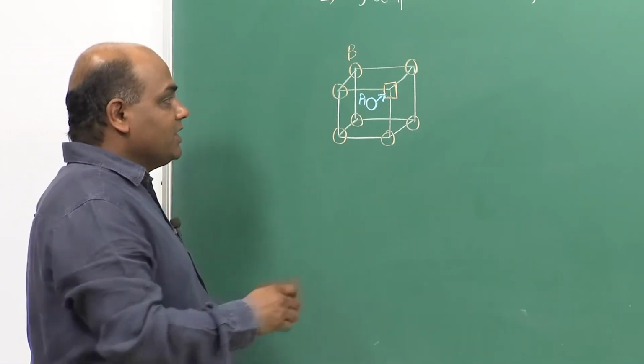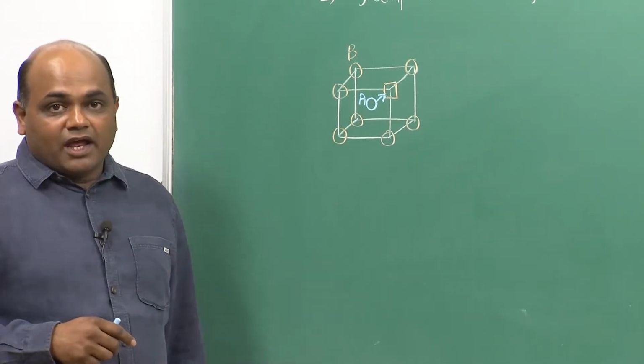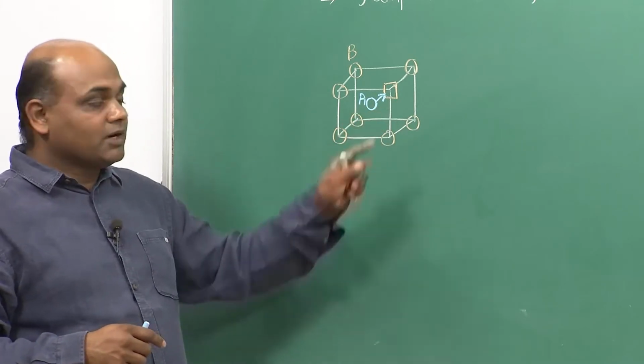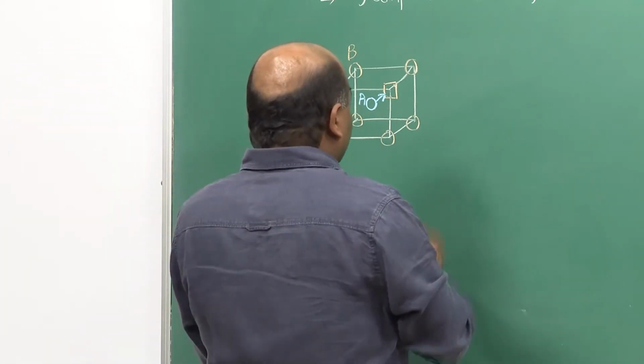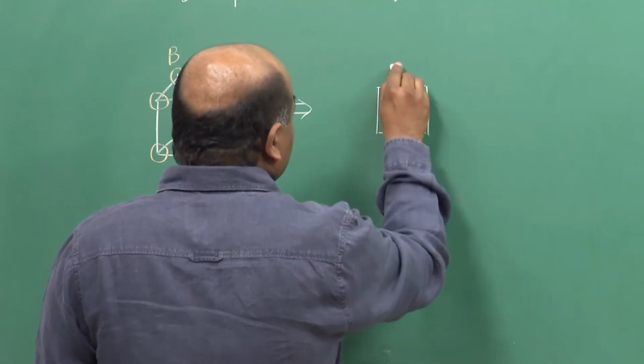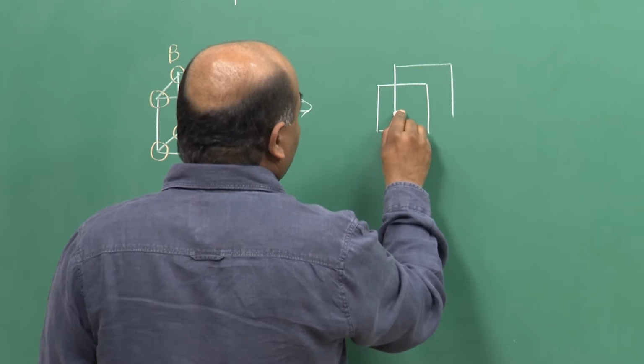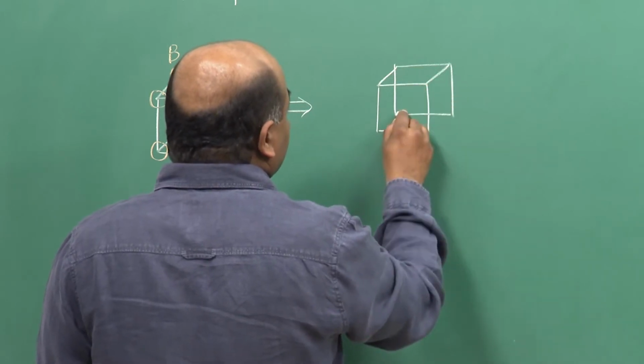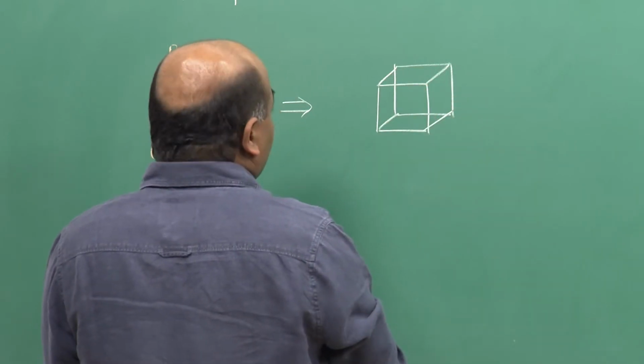So, you can see this will lead to formation of an anti site of A. Once this jump occurs, the vacancy has been moved to the A sublattice, and one A atom has been moved to a B sublattice.